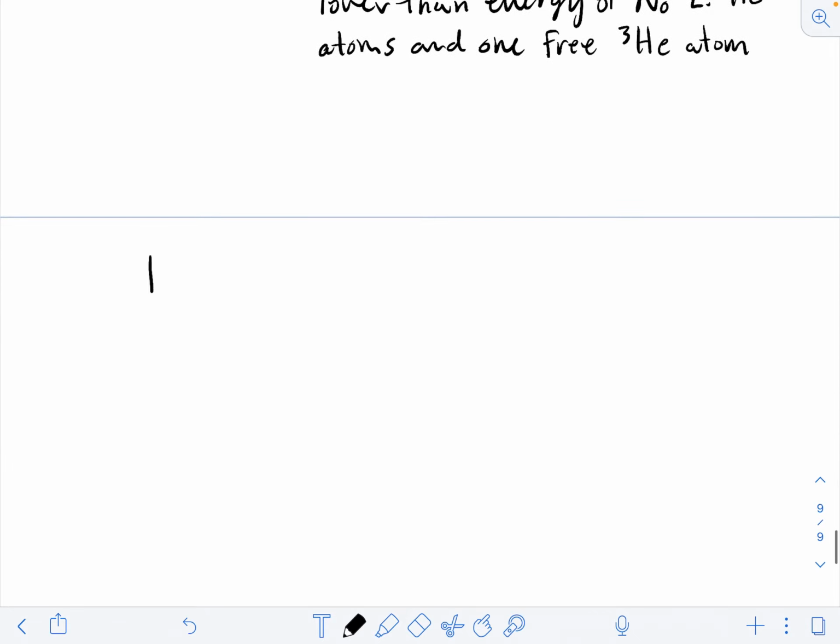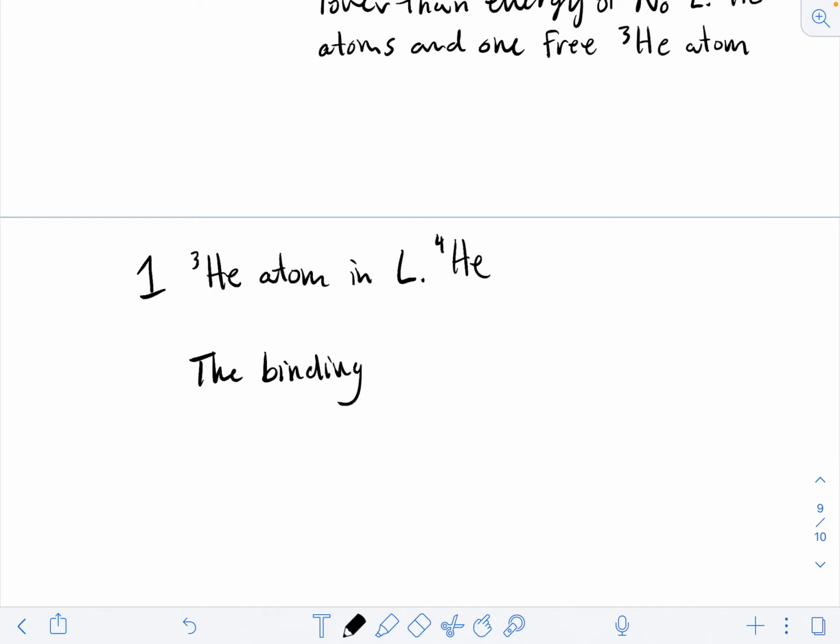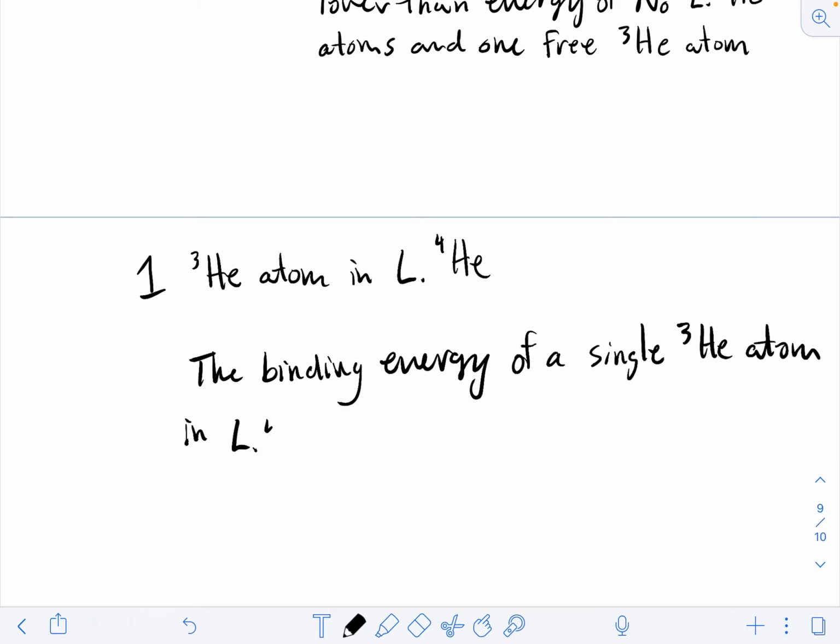So now let's start to think about one helium-3 atom in liquid helium-4. Okay, so the binding energy of a single helium-3 atom in liquid helium-4 is, let's call that epsilon.